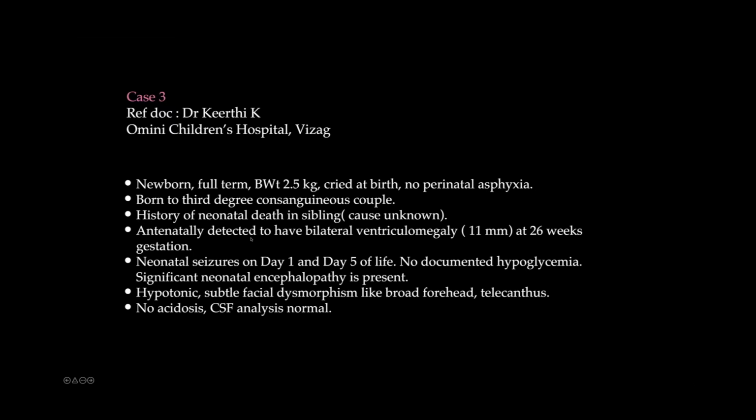The cause was unknown. Antenatally, on the ultrasound, the child had bilateral ventriculomegaly at 26 weeks gestation. There were neonatal seizures on day 1 and day 5 of life. No documented hypoglycemia. There was significant neonatal encephalopathy. Child was hypotonic, had subtle facial dysmorphism in the form of broad forehead, telecanthus, and there was no acidosis. The CSF analysis was normal.